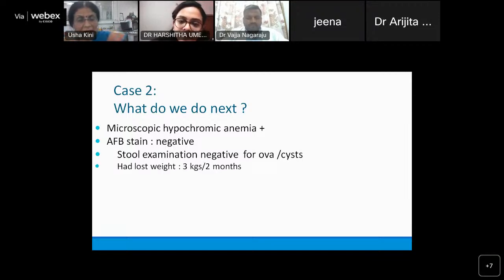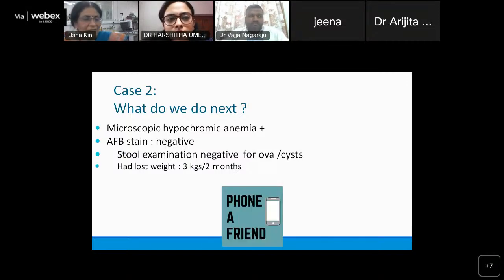And the child had lost 3 kgs in 2 months, which I thought was because she was an adolescent girl wanting to be trim and look smart. So she must have reduced or modified her diet. But what I would do is phone a friend. If you call your friend, who is your friend, Harshita?